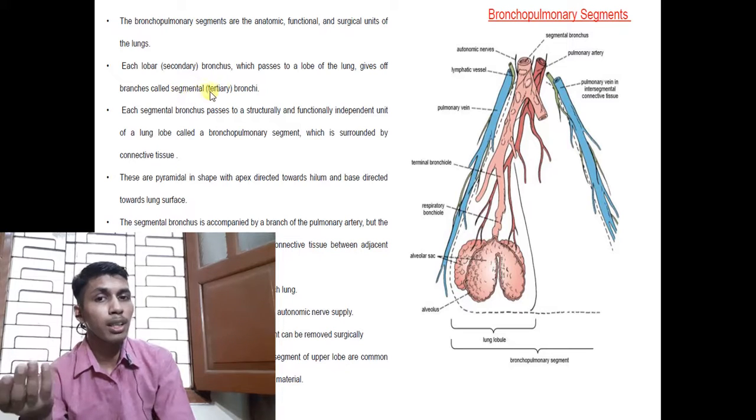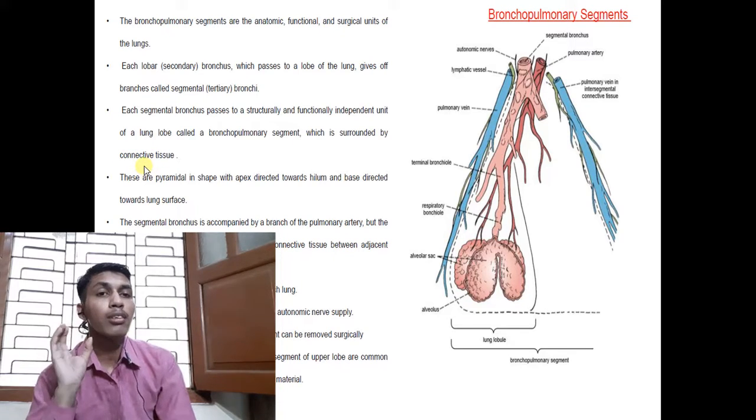That means it further subdivides into the segmental or tertiary bronchi, and each of these segmental bronchi passes to a structurally and functionally independent unit of the lung lobe, which I am calling the bronchopulmonary segment, surrounded by a connective tissue sheath.